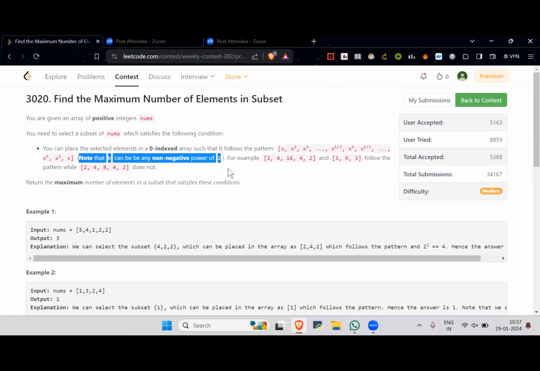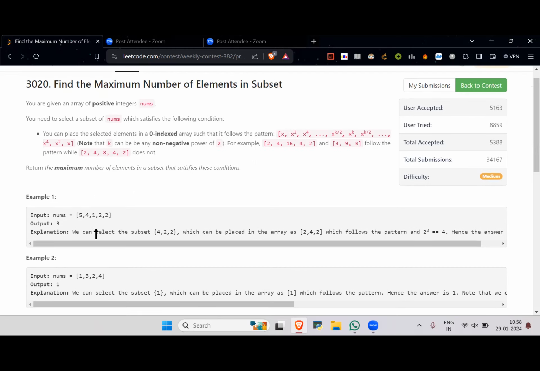It has to be a power of 2 because the powers are increasing like the powers of 2, so it's 1, 2, 4, then there'll be 8, 16, and so on. So this k value will also have to be a power of 2. And what we need to do is return the maximum number of elements that we can put in the subset such that it satisfies these conditions.